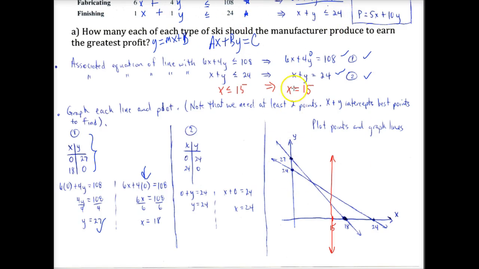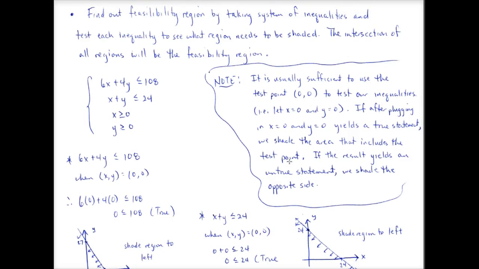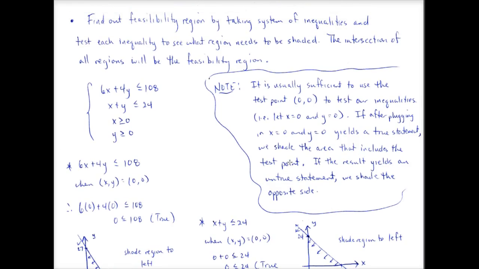All right, so now that we have our associated lines that go with our inequalities, the next thing that we need to do is test those inequality statements to see for what values of x it is going to be true. Okay. And so now that's where we go here. To find out where our feasibility range is, what we basically do is test each of these inequalities here.